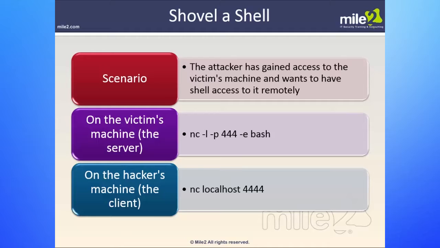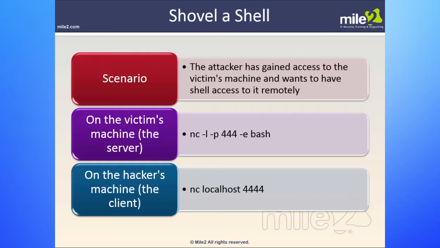Well, looks like there might be a typo. It should be four 4s, then -e with bash, or on a Windows machine, we would put in cmd.exe. Then on the hacker's machine, the client, we put in Netcat localhost or whatnot with the port number that we specified. Obviously, a small typo needs to be fixed, but it's going to be 4444 for the victim's machine, the server, and on the client.